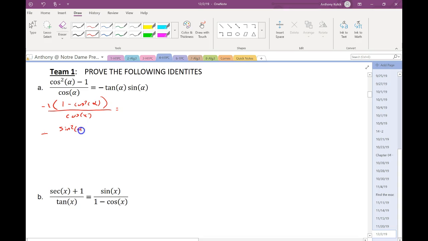Remember, we factored that negative out just so that we could use that Pythagorean. And now if I look at the right-hand side, I want a sine alpha. I have a sine squared alpha. So all I'm going to do is rewrite this as sine alpha over cosine alpha times sine alpha.